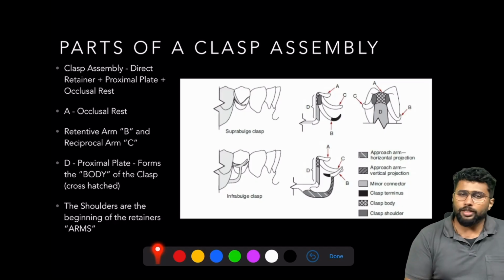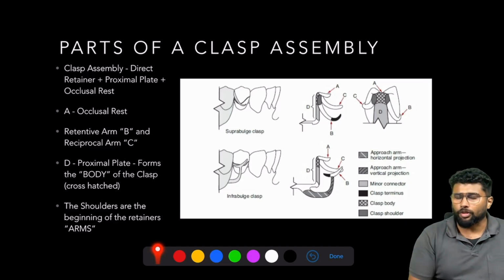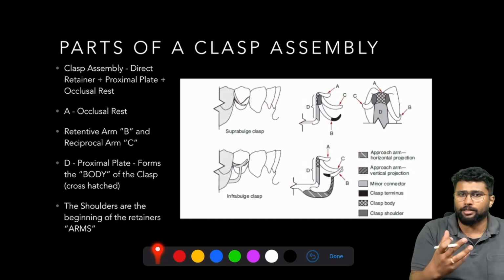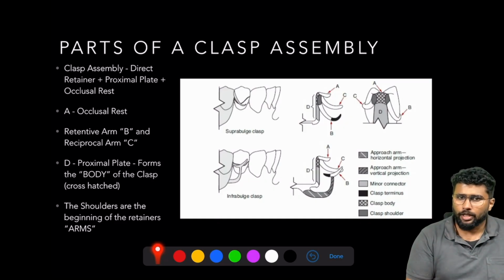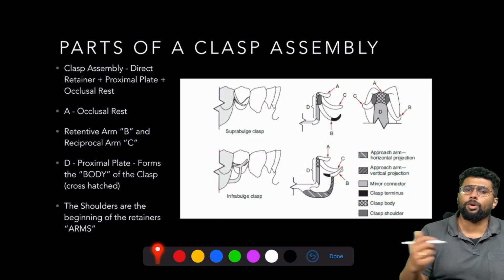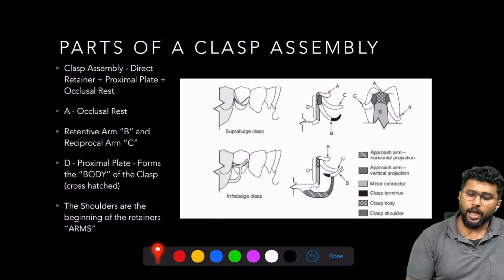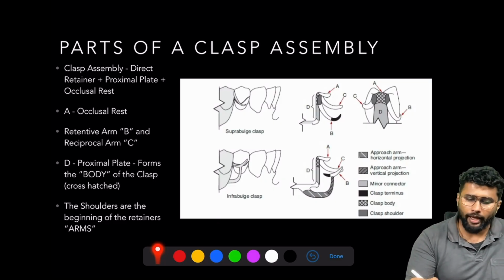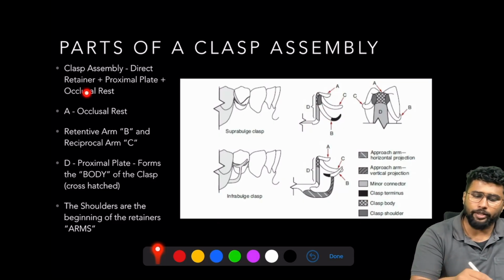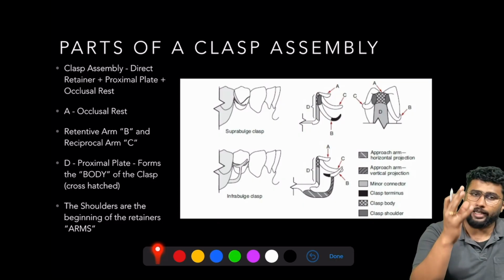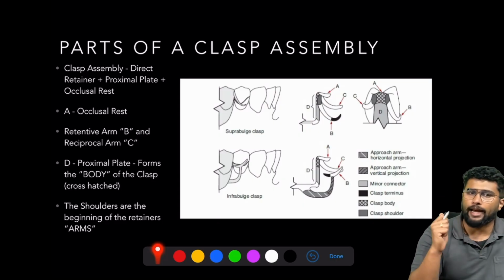First you will see the different parts of the clasp, because this is necessary if you are to know how the clasp assembly is going to work. Of course, you're going to have a direct retainer. The assembly, I told you, consists of a direct retainer, a proximal plate and a rest.